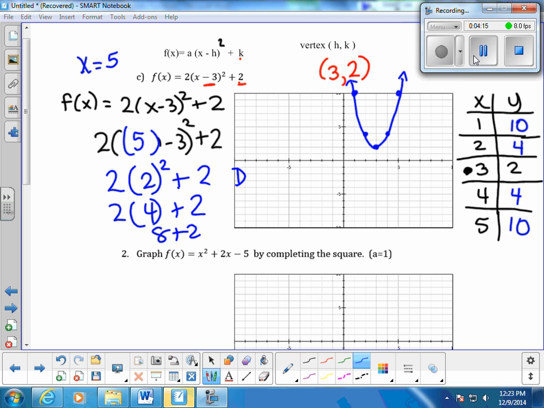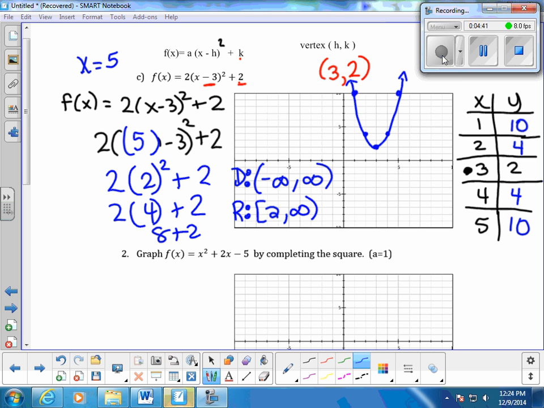Now we're going to name our domain, which is our leftmost x values to our rightmost x values. And then the range is going to be the y values, so I'm on the y-axis. And the bottommost y value is going to be a 2. So we say bracket 2 to the topmost. Well, they're both arrows pointing up, so infinity.